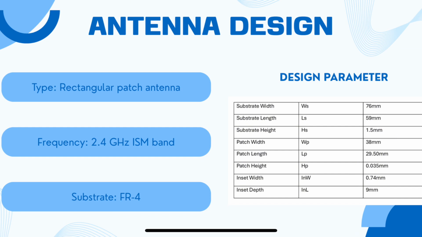The patch itself is 38 by 29.5 mm and made of copper with 0.035 mm thickness. We also apply an inset feed with 0.74 mm width and 9 mm depth to help with impedance matching.